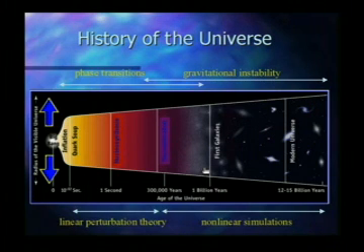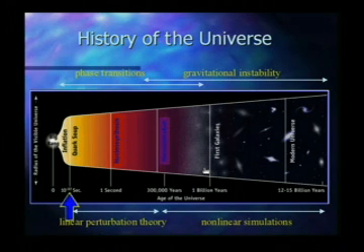This scale here is the characteristic size of the universe. Since the universe is expanding, we can talk about the characteristic size scale at any time. And according to current theories, the universe underwent a phase of rapid expansion, exponential expansion, in the first 10 to the minus 32 seconds.